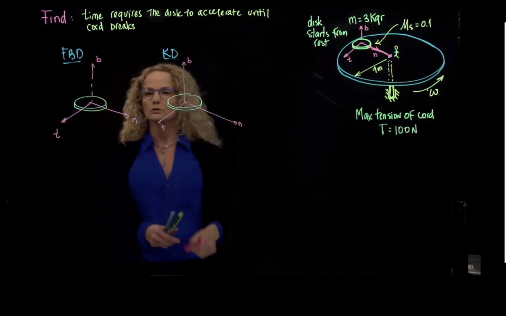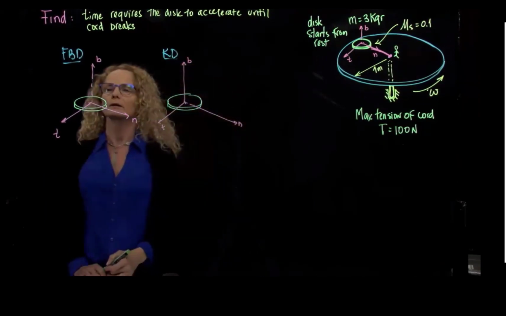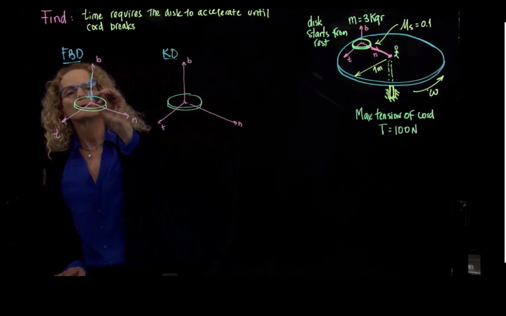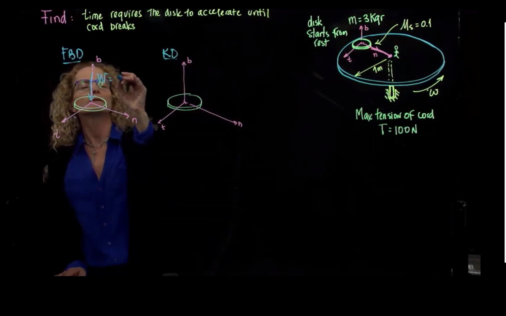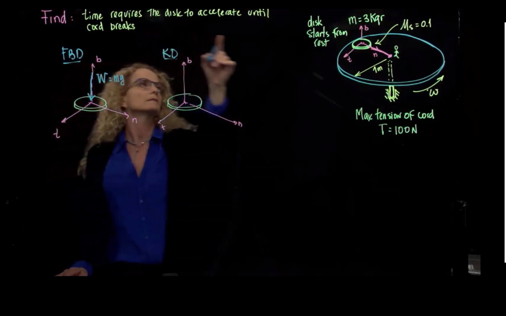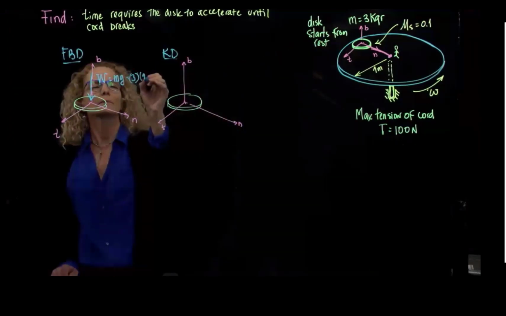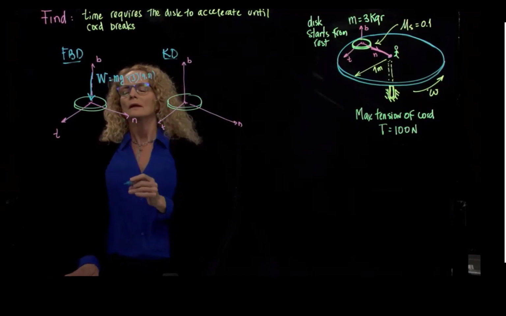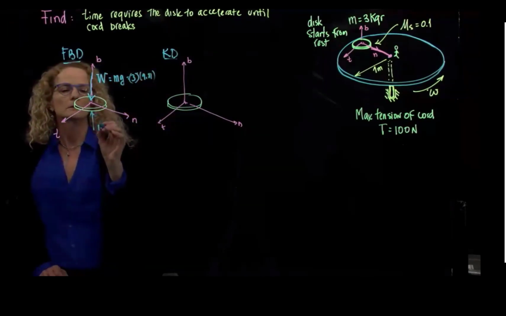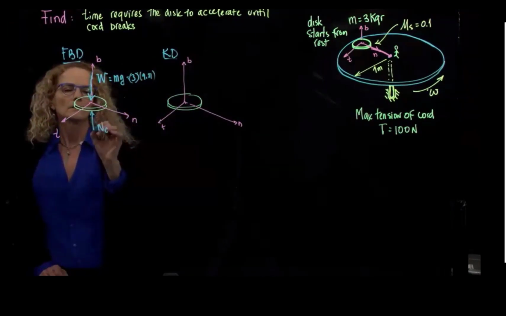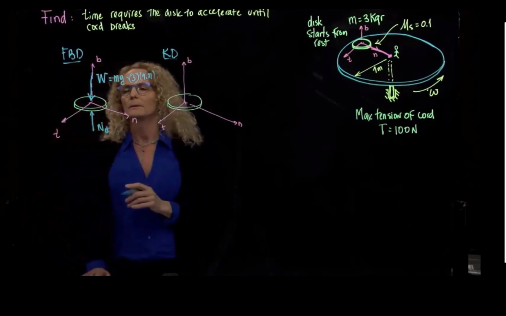So which forces do I have in my free body diagram? Okay, I have my weight, and the weight of the disk is mass times gravity, and the mass is given, which is 3 kilograms, so this is 3 times 9.81. Then I have the normal force of the disk, let's call it N_D.